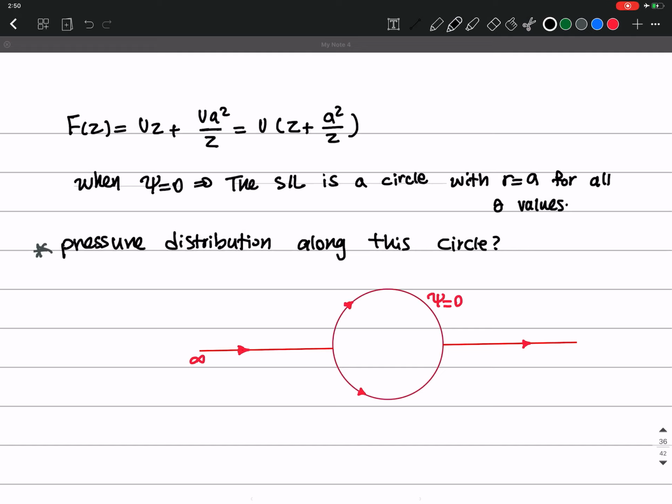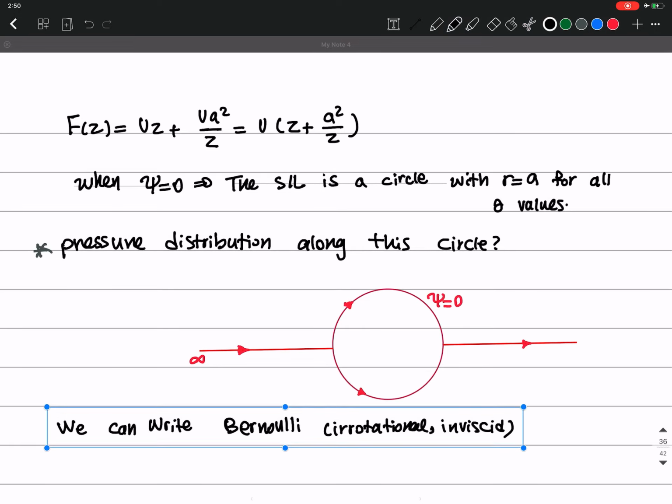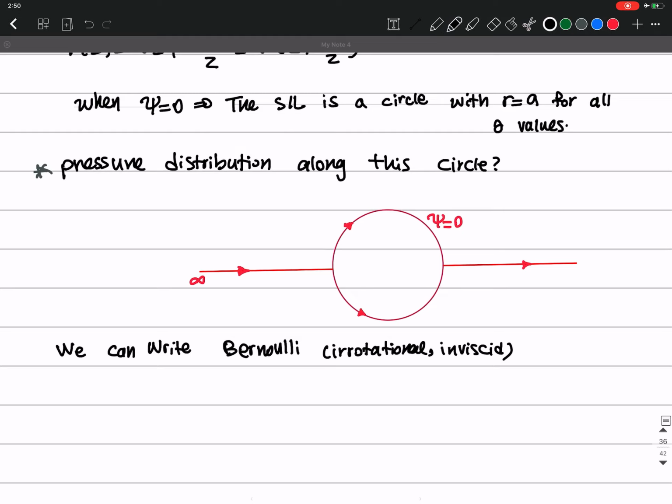And what we are going to use is actually the Bernoulli equation. Why? Because again, the flow here, we assume, is irrotational and inviscid, so we can just use the Bernoulli equation along this streamline.